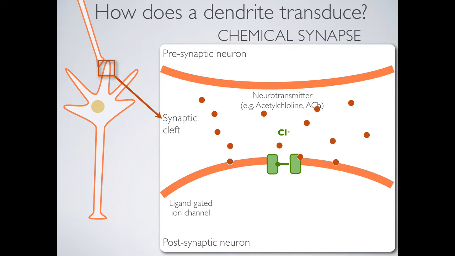If this was instead maybe at a different site on the dendrites of the same cell, we might have a different chemical synapse, and that chemical synapse might have voltage or ligand-gated chloride channels on the postsynaptic cell, on the dendrites there, so that when they bind a neurotransmitter, they allow chloride across the membrane.